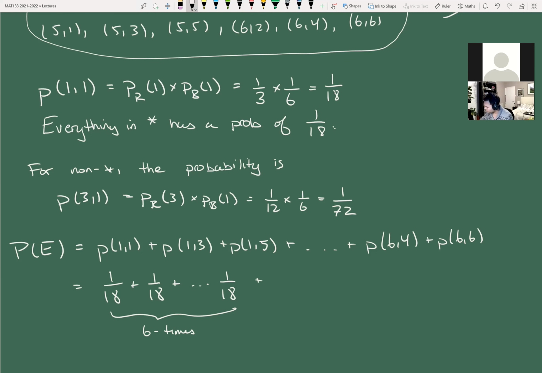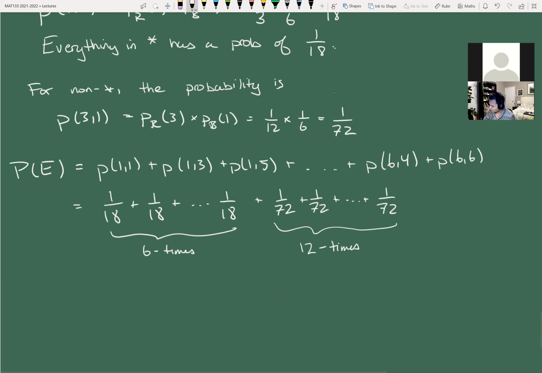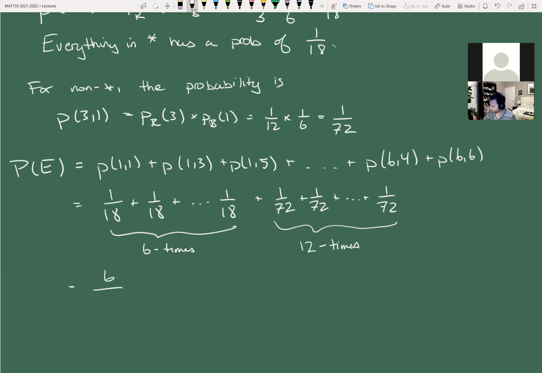And then I'm going to get 1/72 plus 1/72 plus ... plus 1/72. I get one of these for every single thing in the non-star group. So I'm going to get that 12 times, right? And if you add those up, that gives you 6/18 plus 12/72. Okay, is that good?